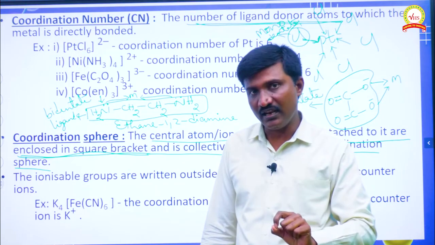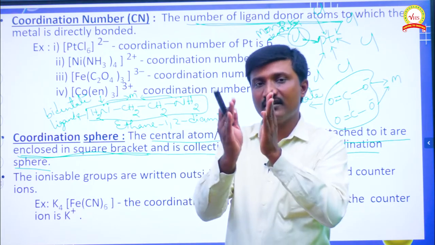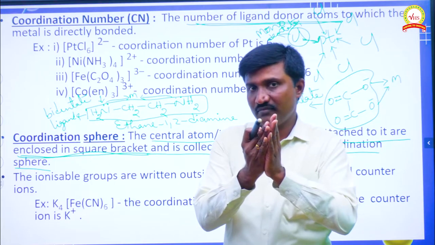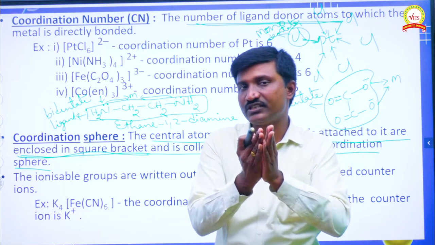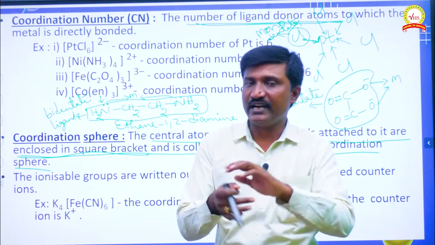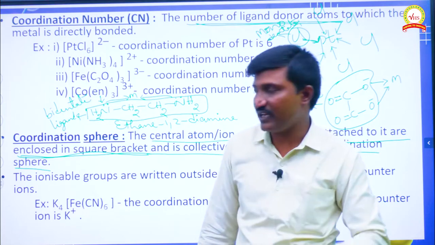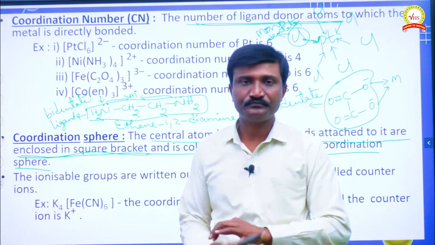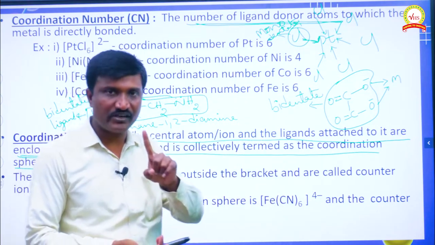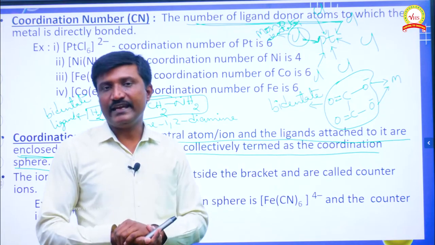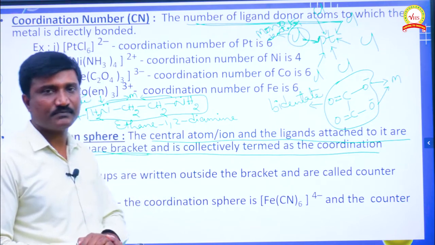Okay, but in general, the complex compound's geometry and everything depends on the central metal atom and the number of ligands attached to it. So in general we call coordination entity and coordination sphere the same. The only difference is if you are not taking the square bracket, it is the coordination entity. If you are including the square bracket, it is the coordination sphere.